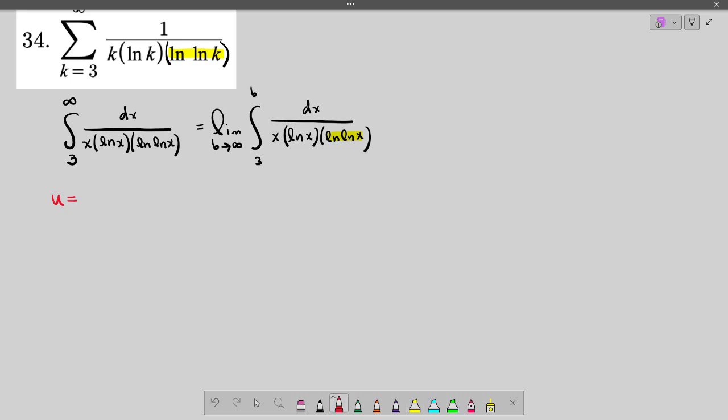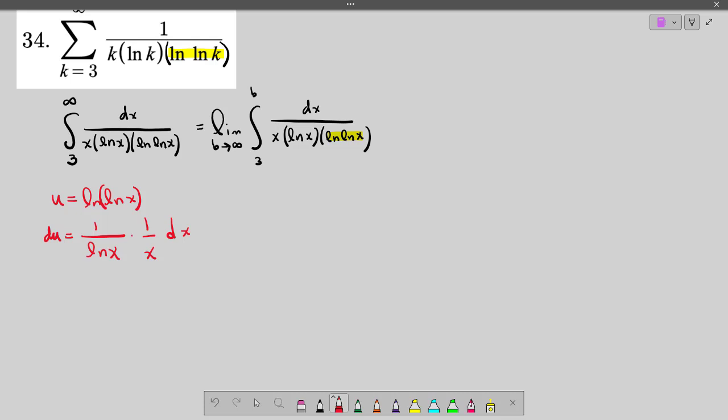If we let u equal natural log of ln x, so this natural log is inside, the derivative du is 1 over what's inside multiplied by the derivative of what's inside. Well, the derivative of what's inside is 1 over x.